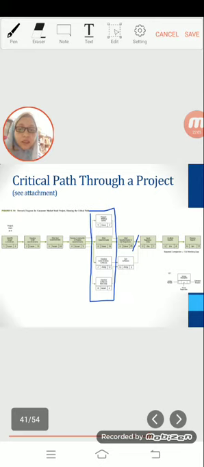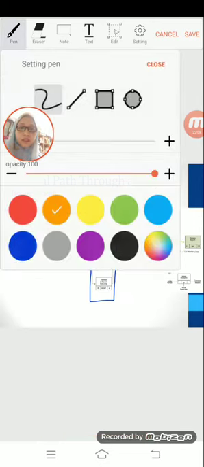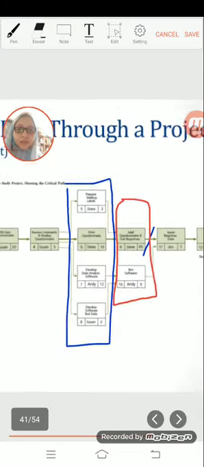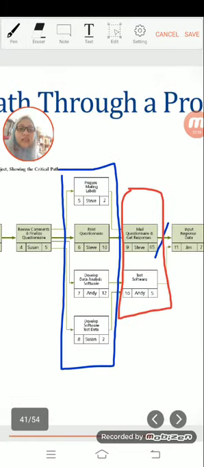Okay, then you can see here activity number 9 and 10. So why do you choose activity 9? Why don't you choose activity 10?